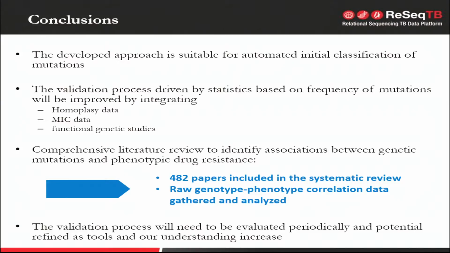And this systematic review finally included the raw genotype-phenotype correlation data from nearly 500 papers, and we already analyzed all this data.